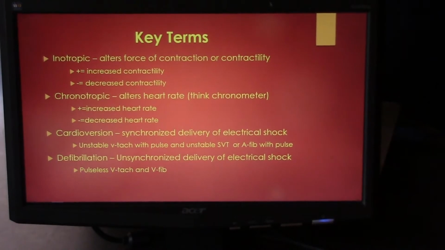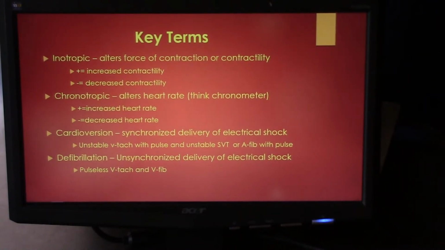And this is important because you want to cardiovert patients when they have a very fast rhythm but they have a pulse. For example, VTAC with a pulse, atrial fibrillation with a high heart rate, or for a planned cardioversion, and so forth.